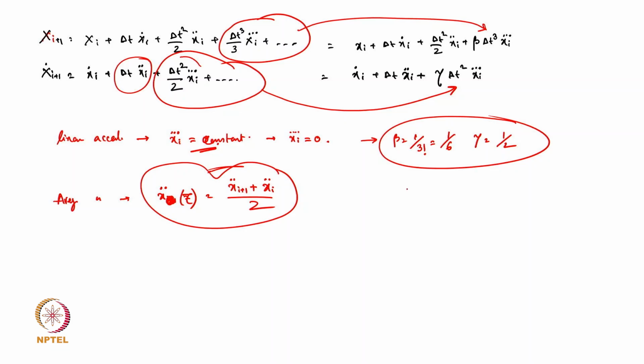If you see in the previous case, what is happening? Your jerk is constant. So you have a constant value of the jerk, and that value you are substituting here. So that value you put, you take it out and then find out. But here what is happening? Here you are actually trying to calculate this value, and your acceleration is somewhat half of that.